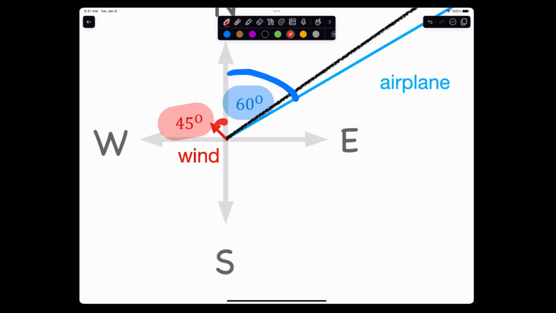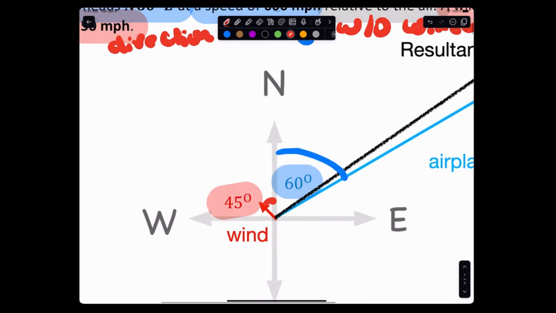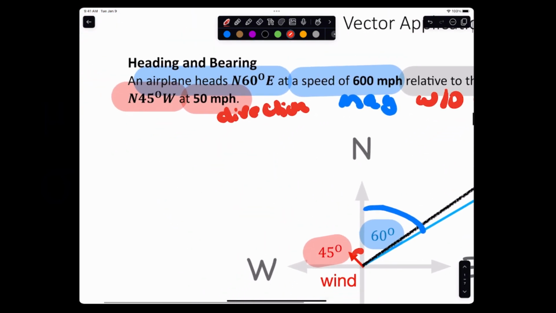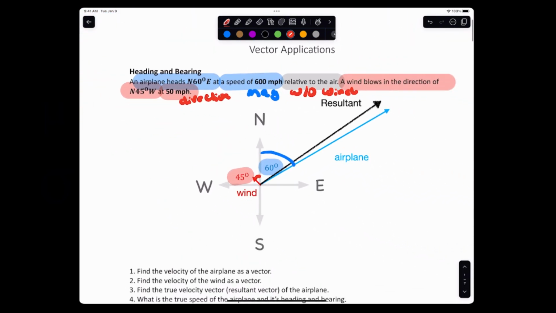Okay, so that 45 degrees, I should probably move up closer to the other axis. Fine. So this has a magnitude here as well. I'm going to put my notes down here. Airplane A, we know airplane A has a magnitude of 600.